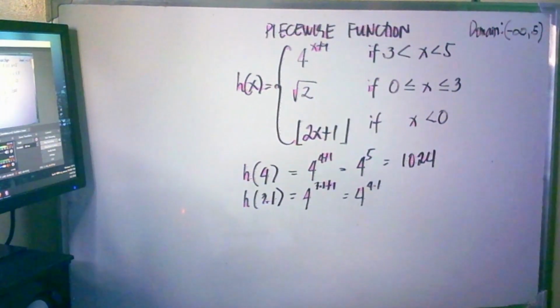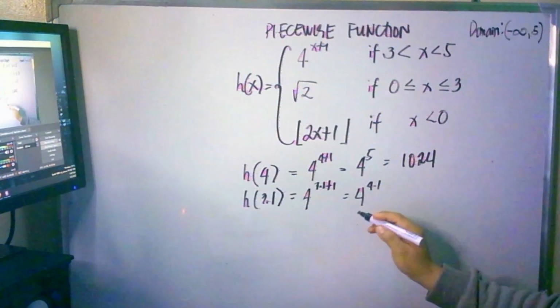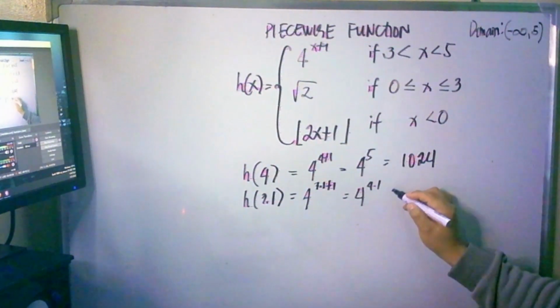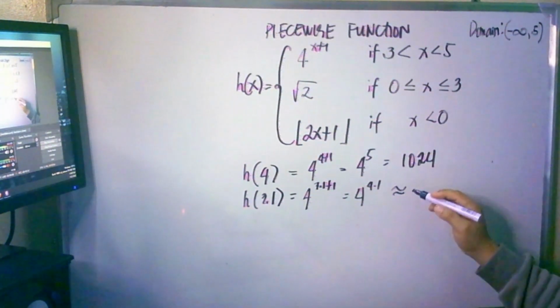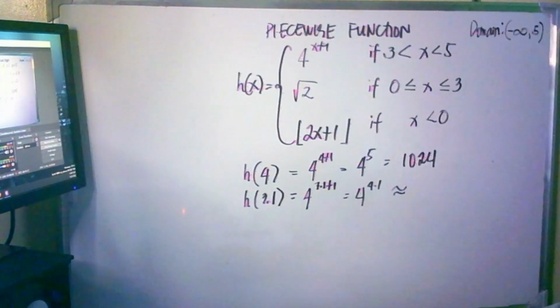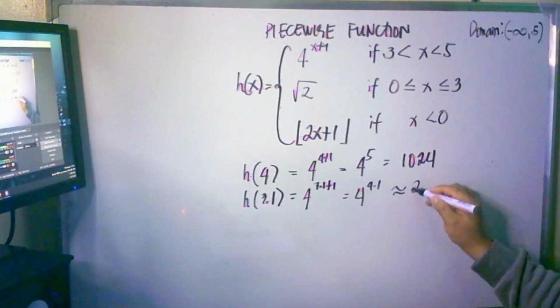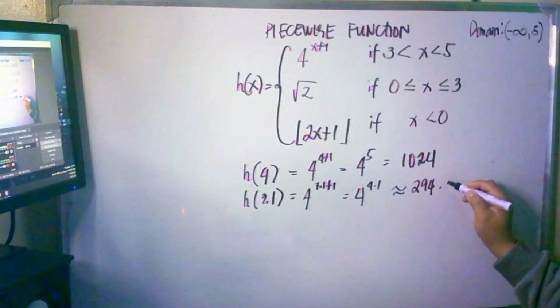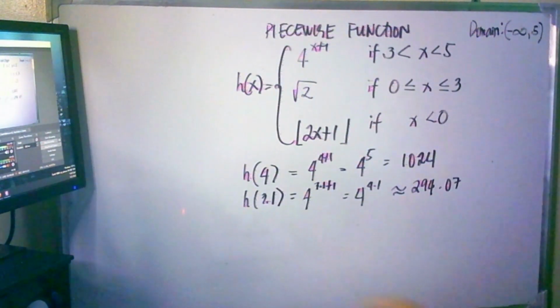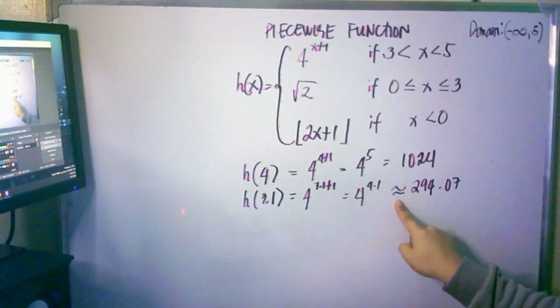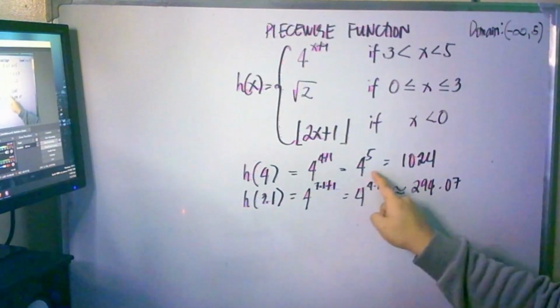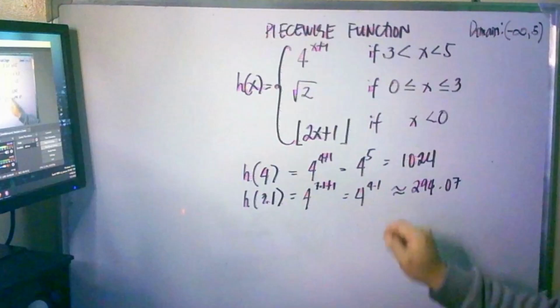What is the answer? 294.07. We can approximate, no? That's not the exact number. So by approximation, the answer is 294.07. If we want an exact answer, we can stop it here, 4 raised to 4.1.